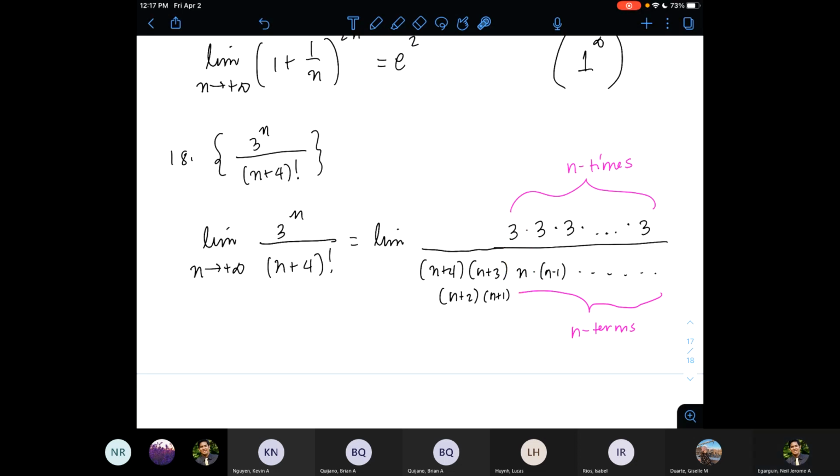So 3 versus very large n, 3 over n, the denominator wins. For large n, 3 over n minus 1, denominator wins. Actually, the denominator will always win, except for the last two terms here, right?